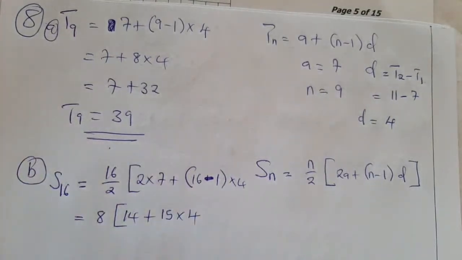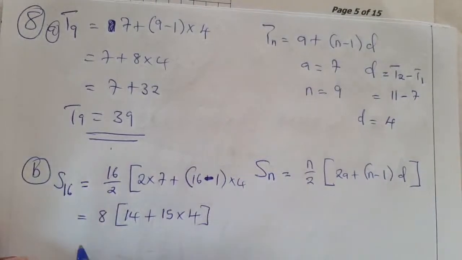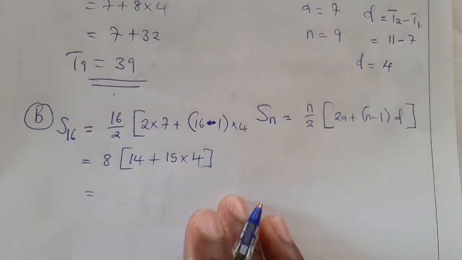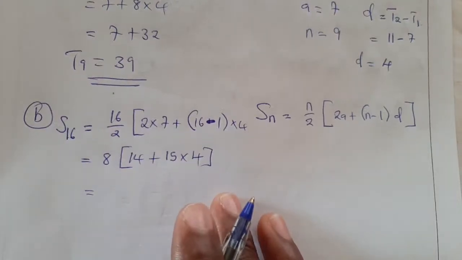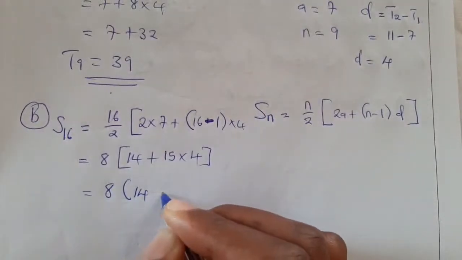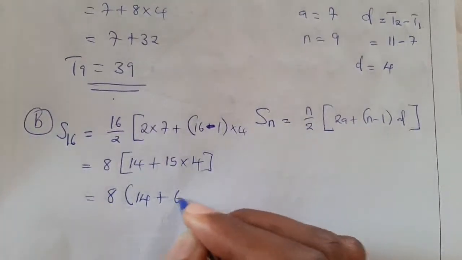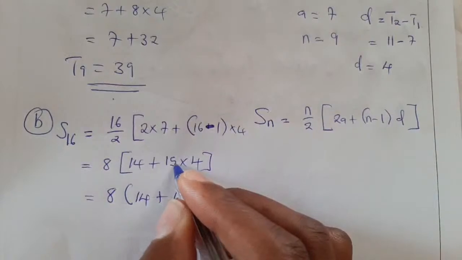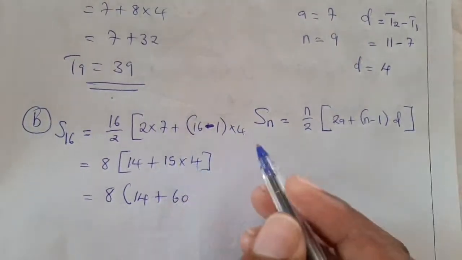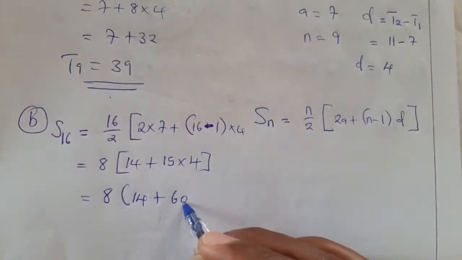From here, first of all, we need to multiply. We follow BODMAS. BODMAS is very important in paper 1. If you miss it there, then things are sour. So we have 8, and then 14 plus 60, because 4 times 5 is 20, so 0 carry 2, and then 4 times 1 is 4, plus 2, which gives us 6, so 60.